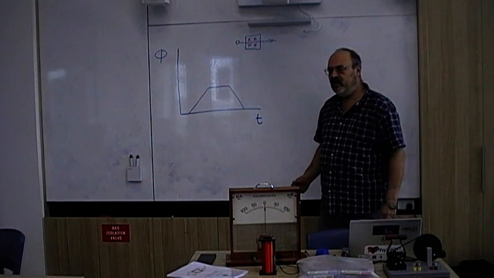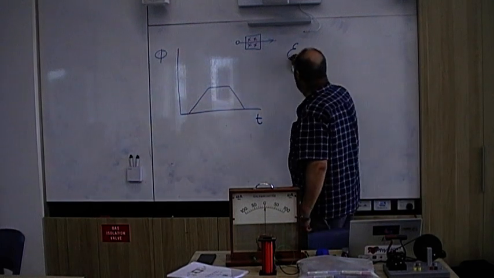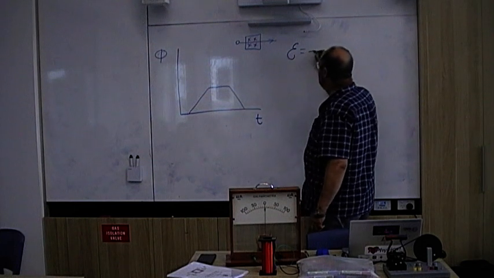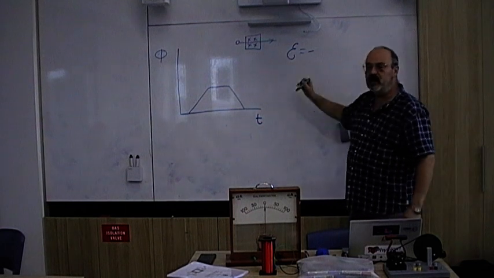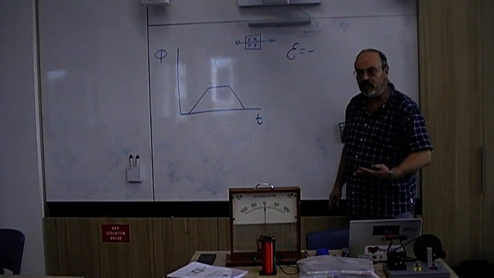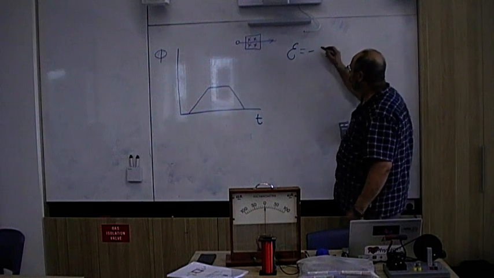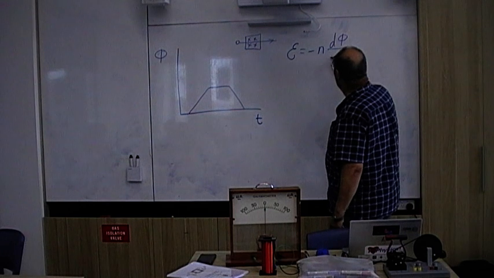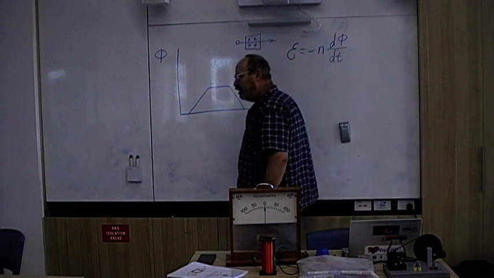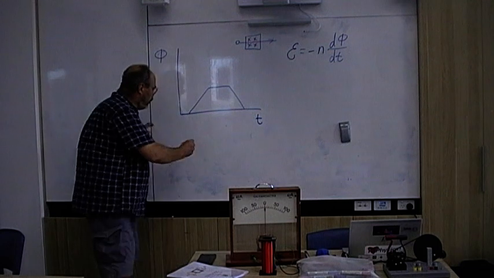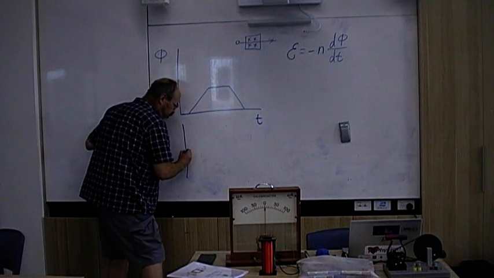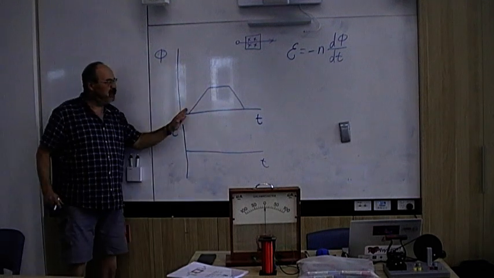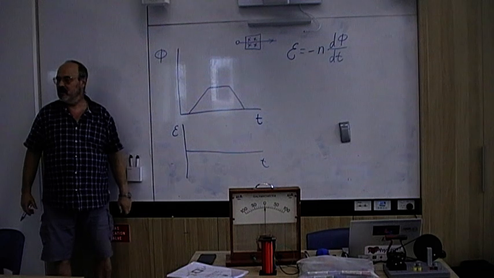Now the instantaneous EMF, as I said, equals negative n, which in this case was 1, times dΦ/dt, the derivative of the flux over time. The negative sign means Lenz's law, that the current is in the opposite direction. So if you sketch the graph of EMF over time, what is the derivative of this straight line?